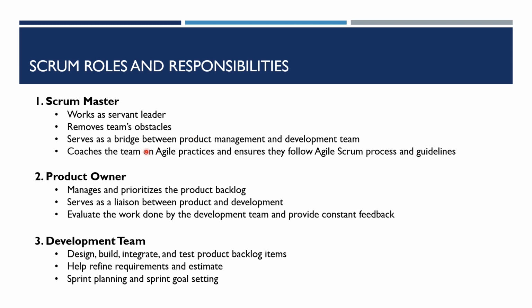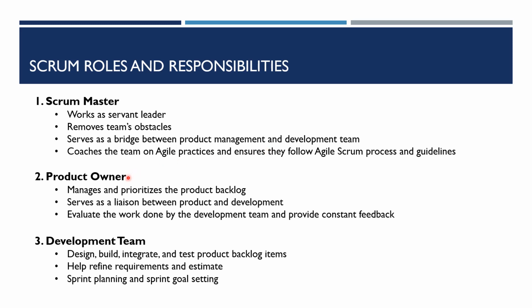This role coaches the team on Agile practices and ensures they follow the Agile Scrum process and guidelines. On a day-to-day basis, this role ensures the team is really following Agile, and coaches them wherever needed.